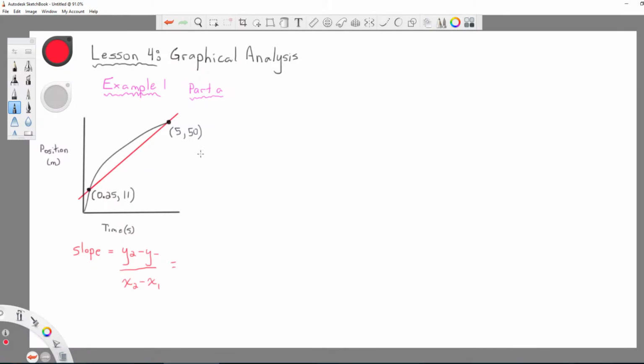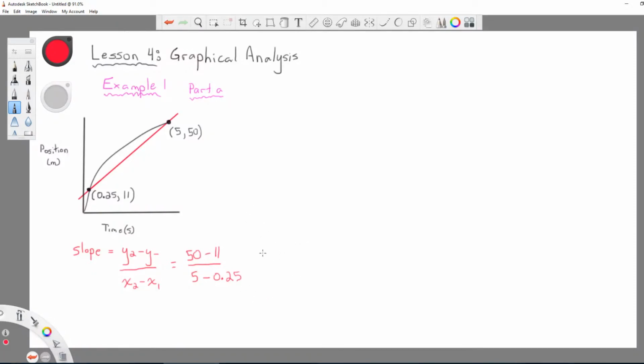So y2 is 50 in this case. 50 minus 11. Notice our y values, 50 and 11. Divided by 5 minus 0.25. Awesome.